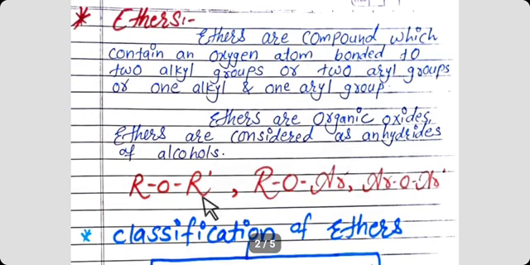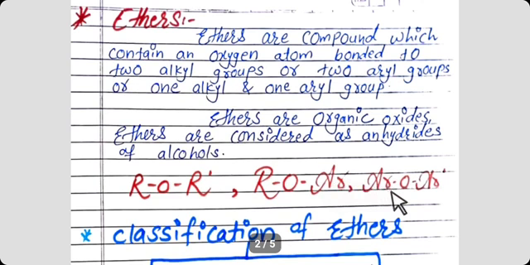See the general formula ROR. Oxygen atom is bonded with two alkyl groups. Next general formula ROAr means oxygen atom is attached or bonded with one alkyl and one aryl group.